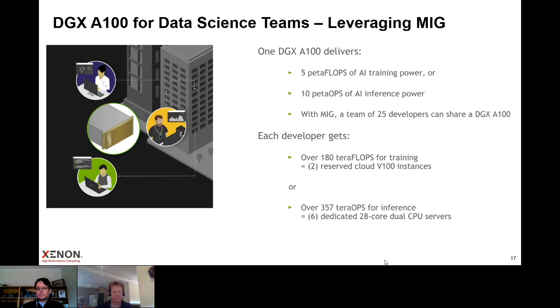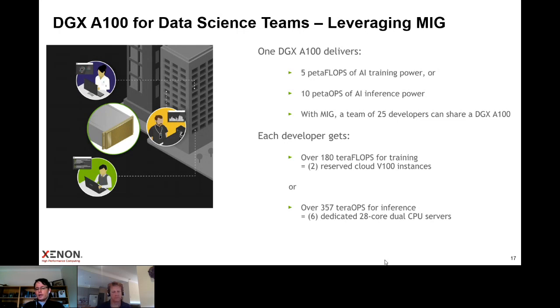And in that example, if we look at 25 developers sharing a single DGX, each of them can have 100 teraflops of performance for training, which really corresponds to 2 reserved cloud V100 instances, for example. And we have 25 of these developers with these capabilities on this single machine.